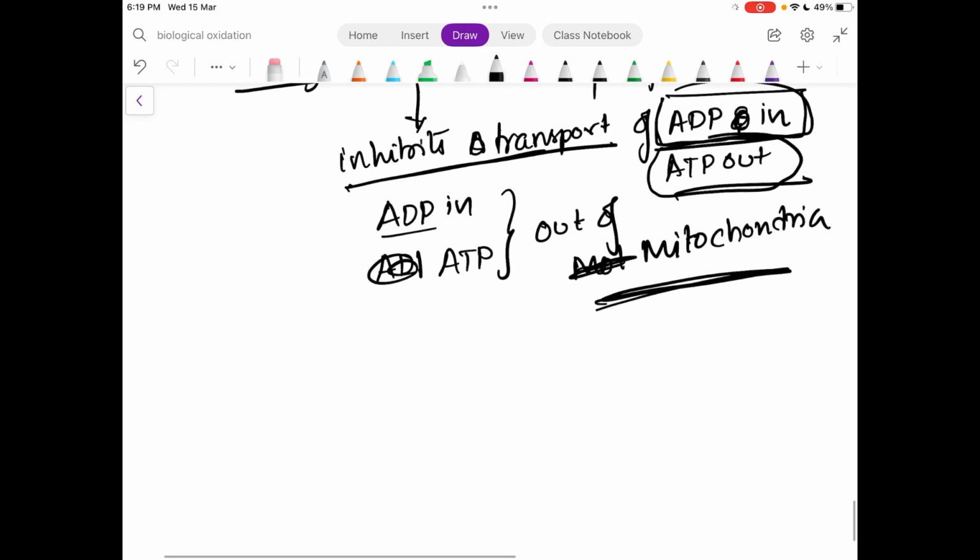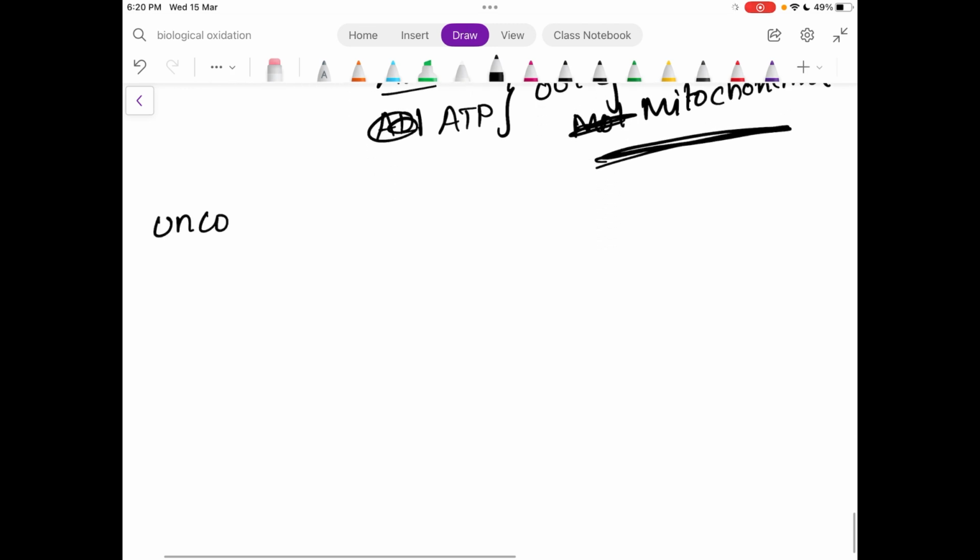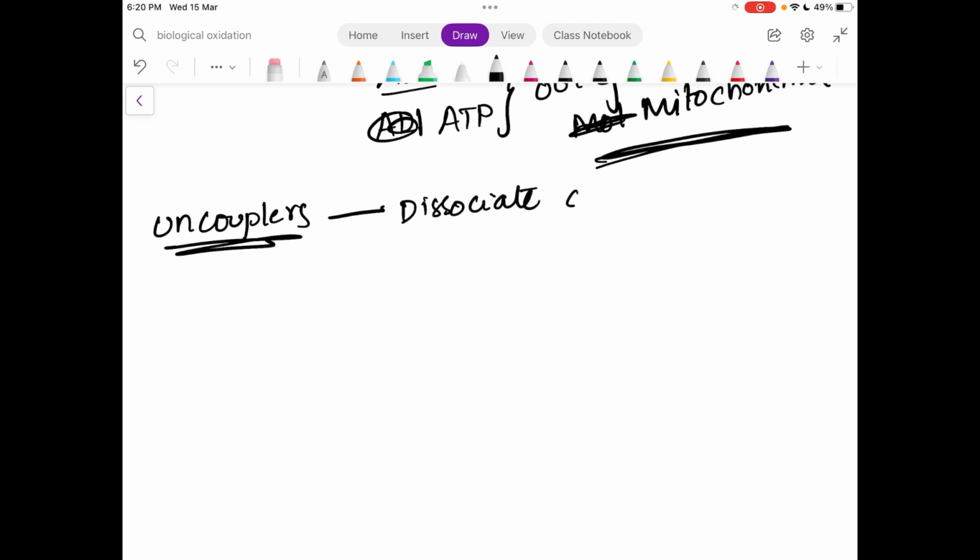Next, we'll see one important topic called uncouplers. This is frequently asked in the exam. They will dissociate oxidation from phosphorylation.